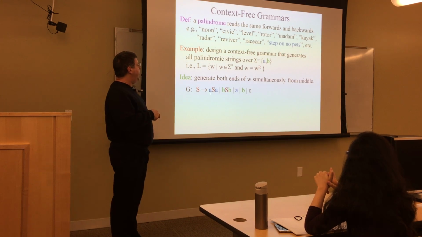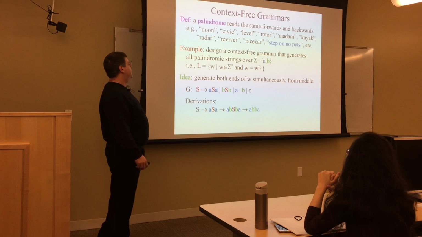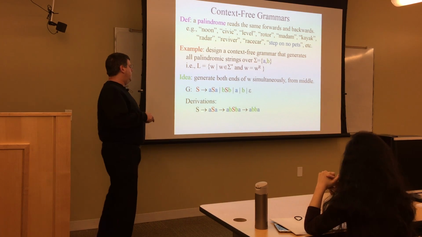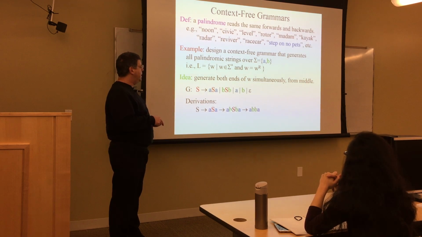So S goes to ASA, or alternatively to BSB, or to A, or to B, or to epsilon. These are the final terminating rules. So you apply the first rule, go ASA, and then S goes to BSB right here in green. It's color-coded for your convenience. And then finally, that S goes to epsilon and ends up with nothing.